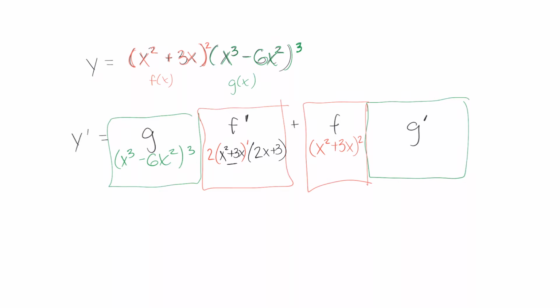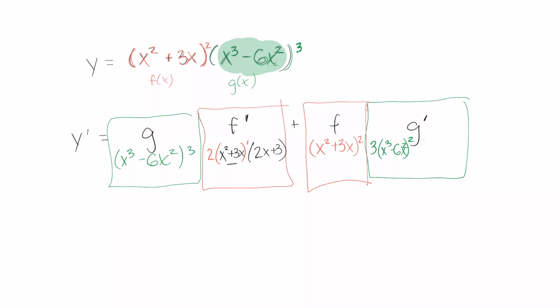And g prime. Same deal. The inside here is x cubed minus 6x squared. So just look at the outside. Something cubed. This green blob cubed. What is the derivative of that? Well, it's 3 green blob squared. Write in your green blob.